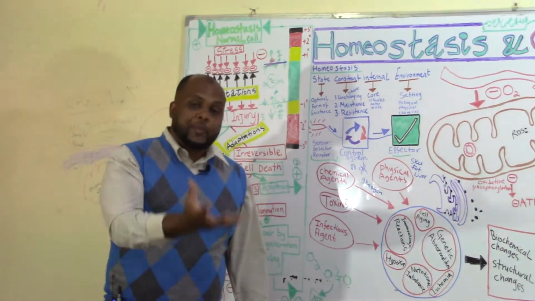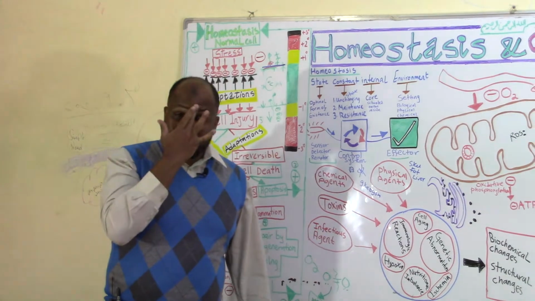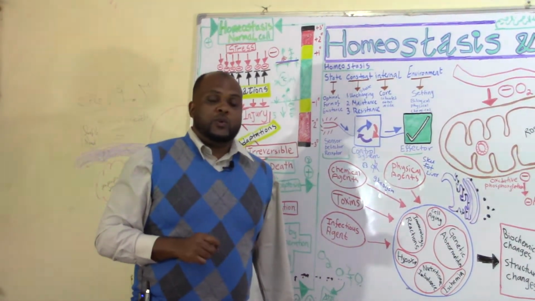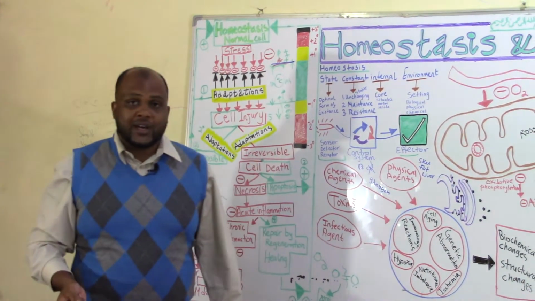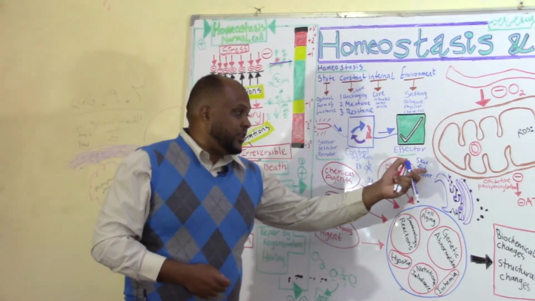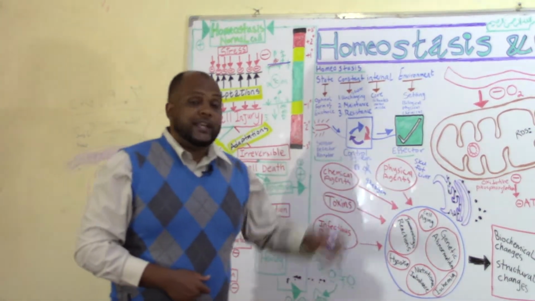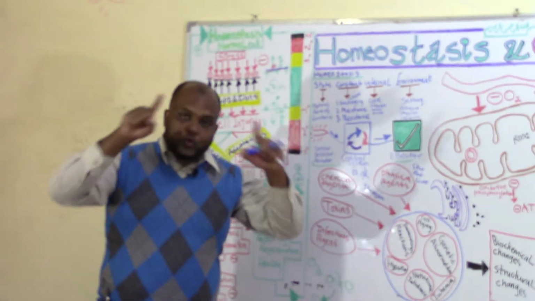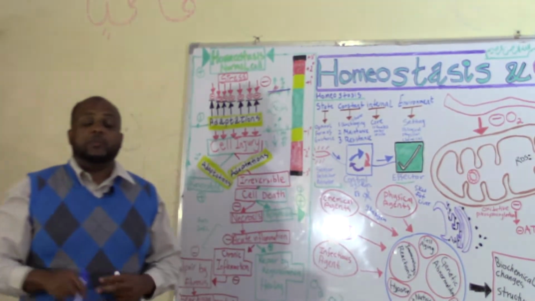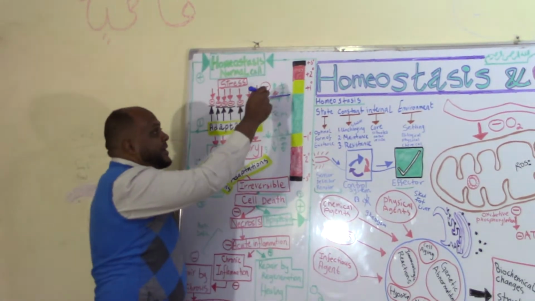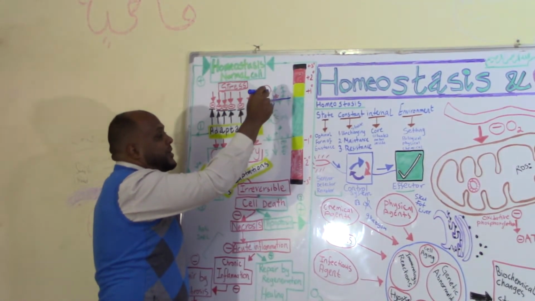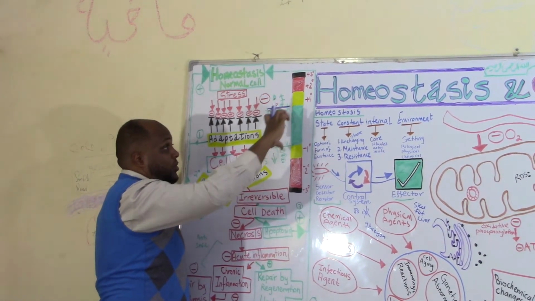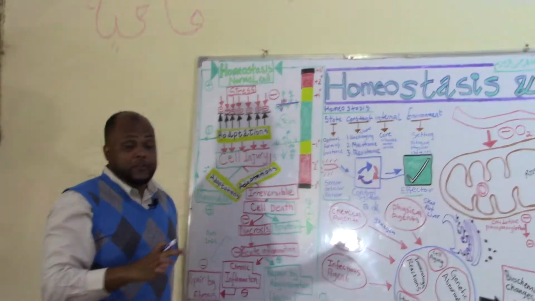So the liver will uptake this glucose and convert it to glycogen, which is the storage form of glucose, and it will convert glucose to triglycerides that will later be stored in the adipose tissue, and the skeletal muscle cells will also uptake this glucose, leading to an overall reduction in blood glucose, and bringing us back from a state of hyperglycemia into a state of euglycemia, or the state of the normal range of blood glucose.